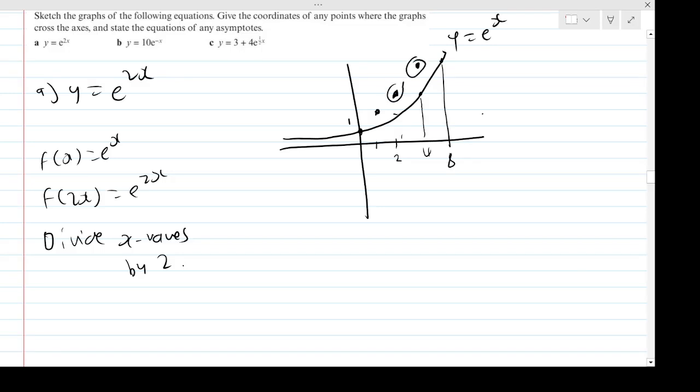Now you can start to see these new points form a curve. This point here, the y-intercept at 1, is when x is 0. So half of 0 is still 0, so it stays where it is. So actually the graph is squashed, if you consider what will happen to the x values.